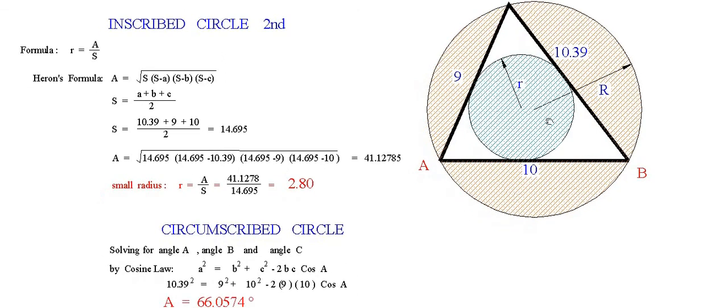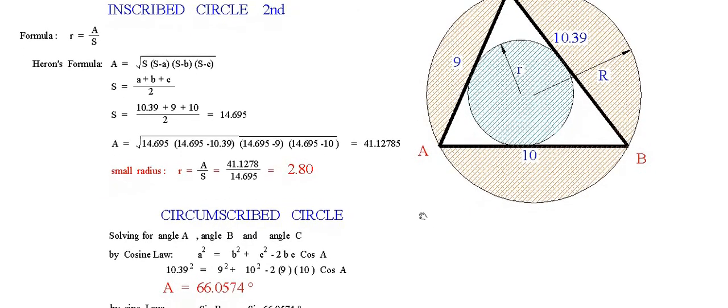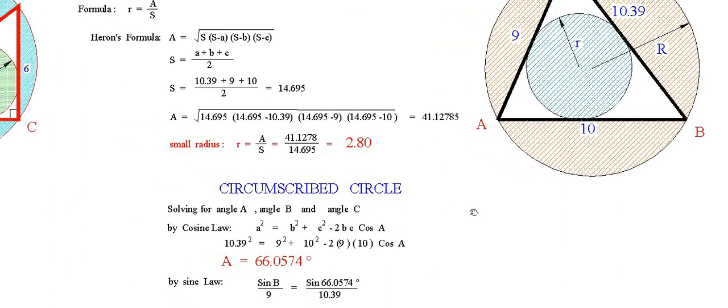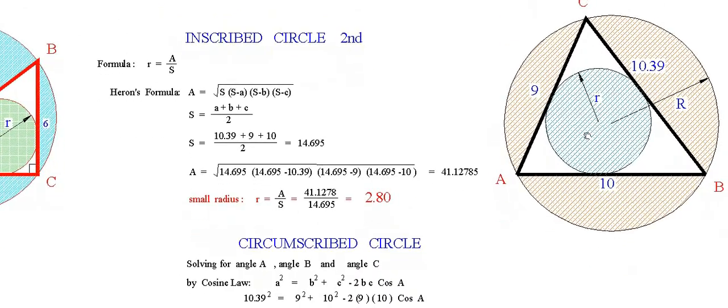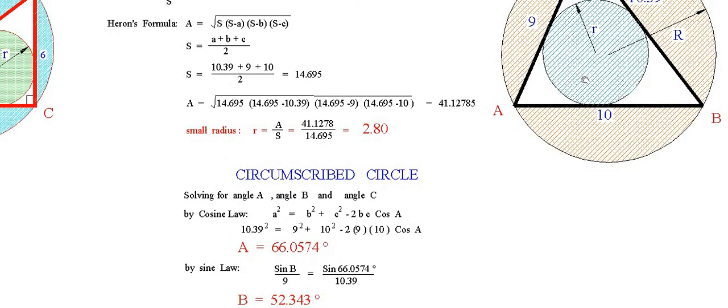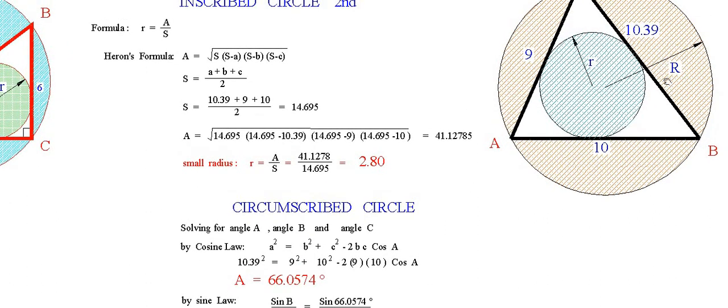Then the big R, circumscribed circle, first we have to determine the angles of the three sides. By cosine law, since the only given are three sides, we have no angle.